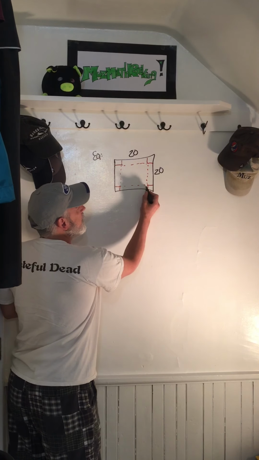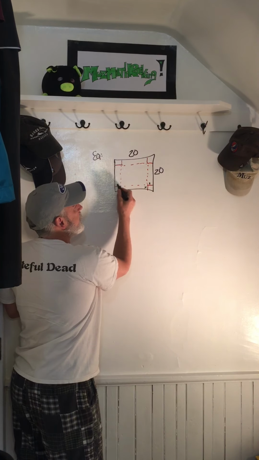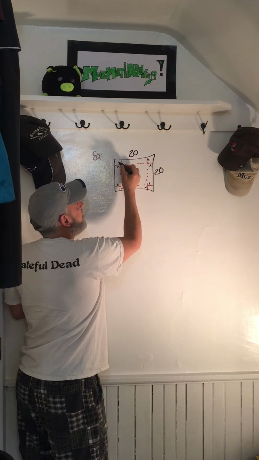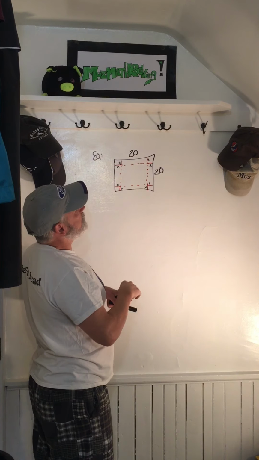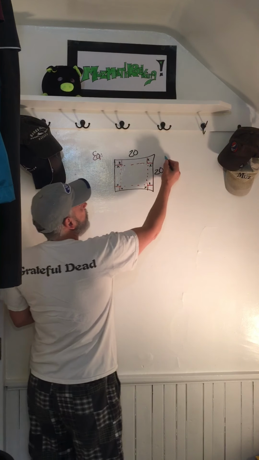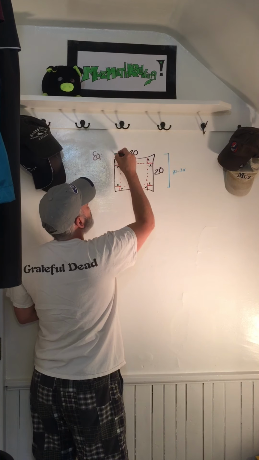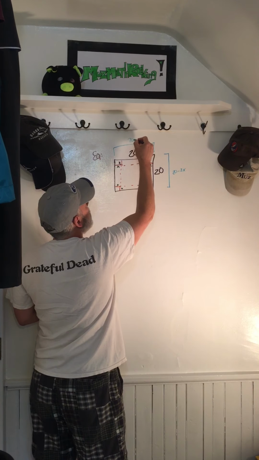I'm going to put an X right here, which means it goes here, here, and here. Since this is a square, this side would be 20 minus 2x, and so would this.